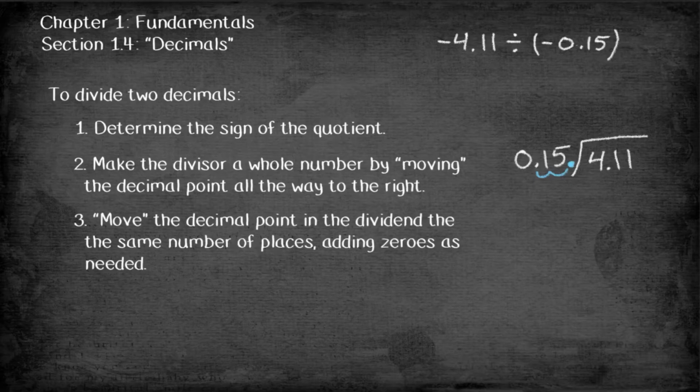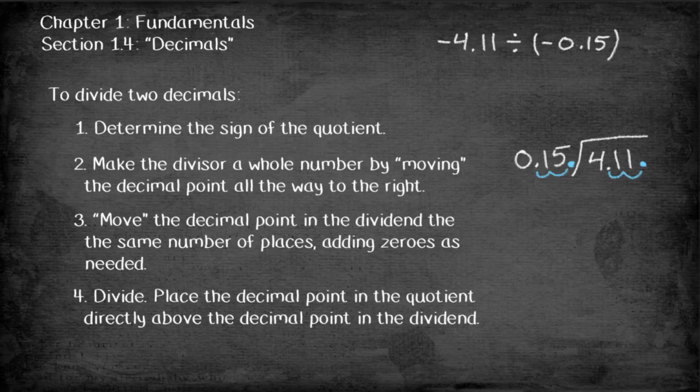And now what we're going to do is move the decimal point in the dividend. What's the dividend? That guy. We're going to move the decimal point in the dividend the same number of places that we moved it in the divisor. So that's 2.